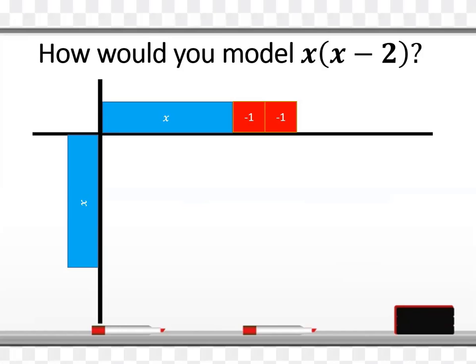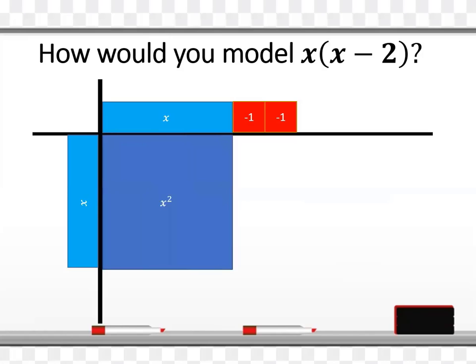Now take a look at this. Can you tell why a blue x square tile was used? So it was used because we needed a tile that had dimensions x by x. Now for the other area, we need to use a tile that has a length of x and a width of -1.